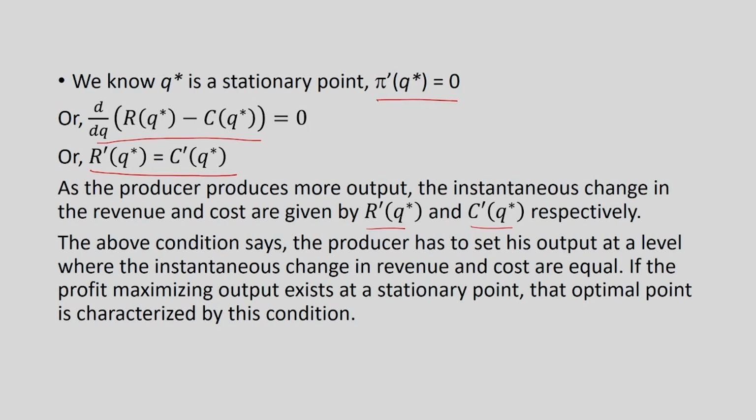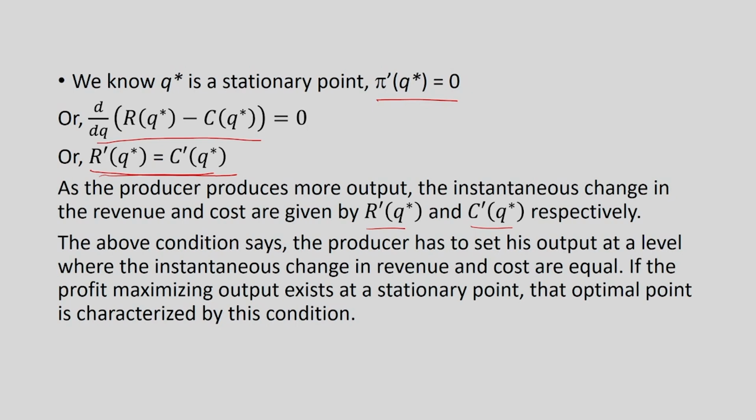So, if the output is changing by a small amount, then R dash Q star is the change in the revenue at that output level Q star. Now, what this condition is saying is that the producer has to set the output at a level where the instantaneous change in revenue and cost are equal. So, this left hand side and the right hand side should be equal. The instantaneous change in the revenue should be equal to instantaneous change in the cost.